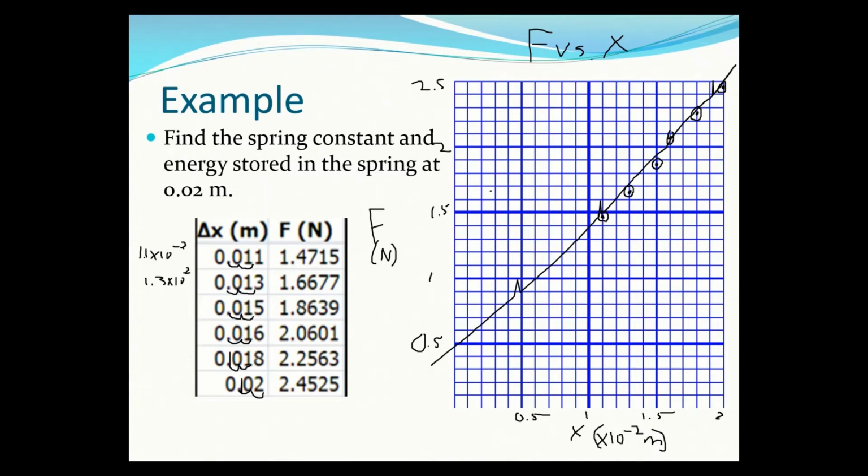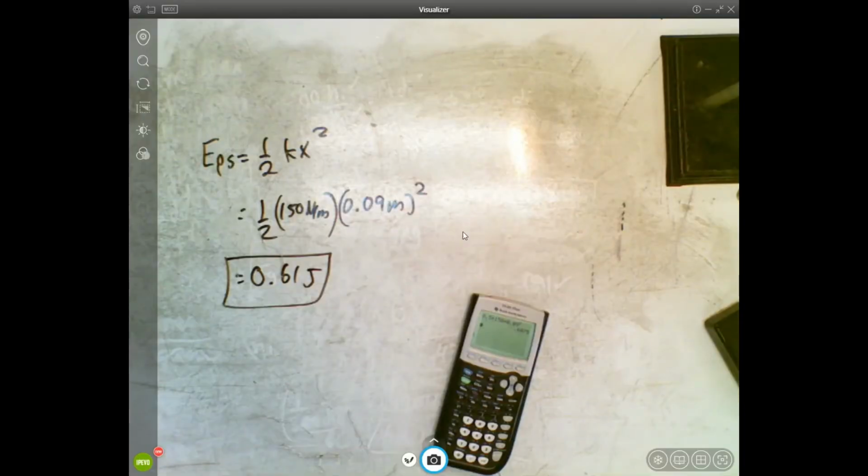So we're going to figure out the spring constant and the energy stored in the spring. Like we said before, our spring constant is just our slope. So I'm going to pick 2 points. I'll pick this as point number 1, and I'll pick this as point number 2. It's a horrible line of best fit, so we'll just work with what we have, and then we'll find our slope here.